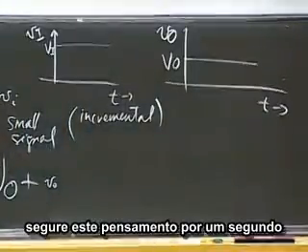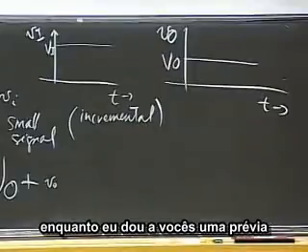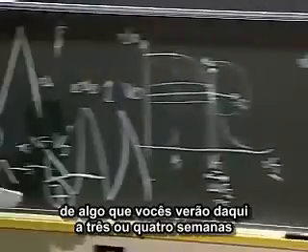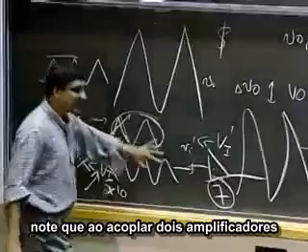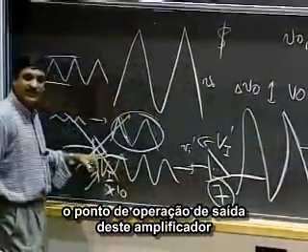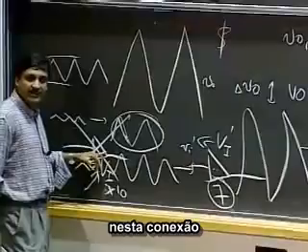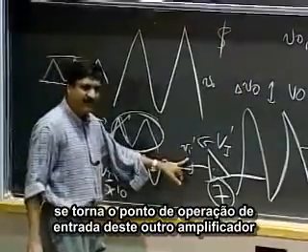Hold that thought for a second while I give you a preview of something that we will be covering in about 3 or 4 weeks. Notice that as I couple amplifiers together, the output operating point voltage of this amplifier, in this connection, becomes the input operating point voltage of this amplifier.